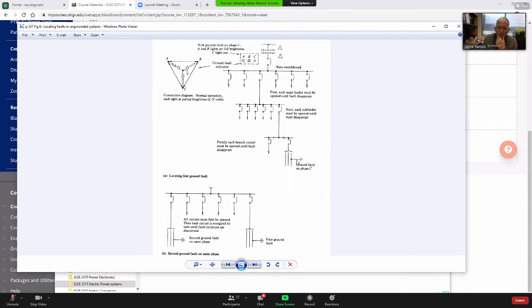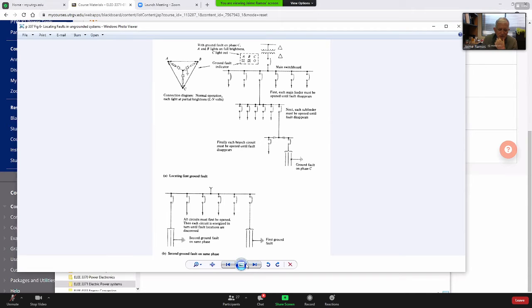And the system continues working. So this will tell us that there is a fault in the system. If we do not have these ground detectors, these light detectors, if we don't have this panel of lights, then we will not notice that there is a fault.